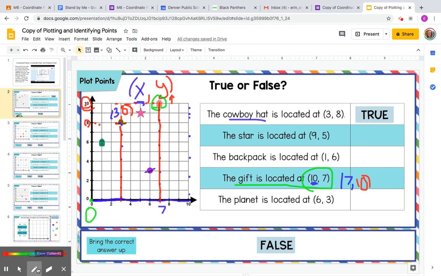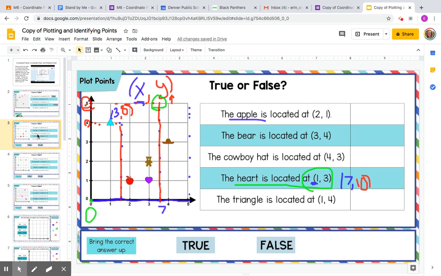So my gift is over 7, up 10, not over 10, up 7. Remember, over, then up, right, then up, however you want to think it, x, and then y. We're just going over, up. So this answer would be false.